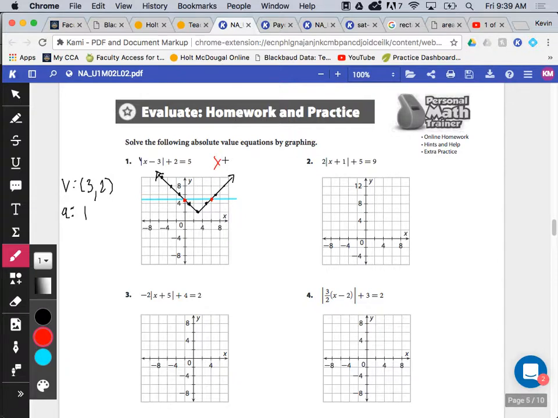So that's x equals 0 and 6. Any questions on that? You guys got that? Either way is fine. I like that way better because it saves time. X equals 0, comma 6. That's accurate. Okay?